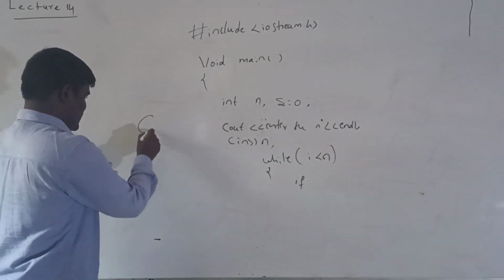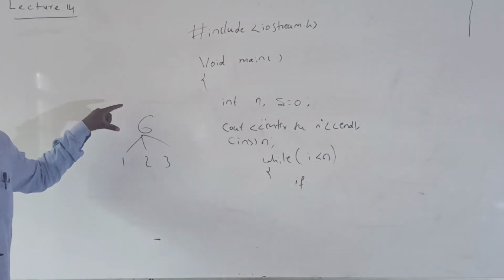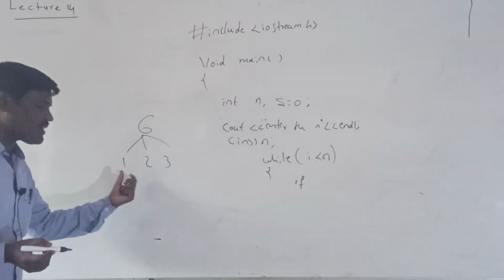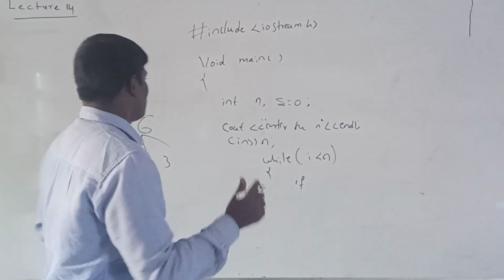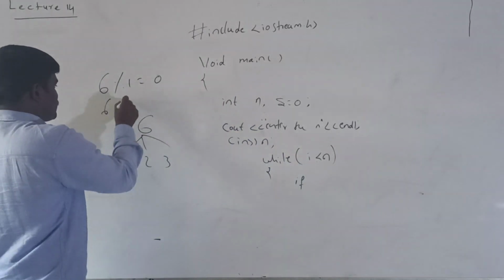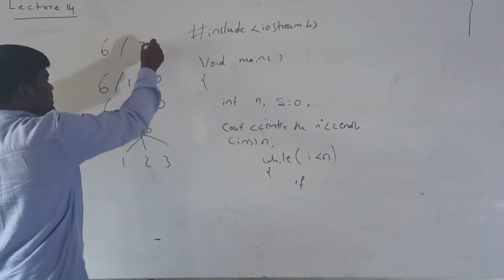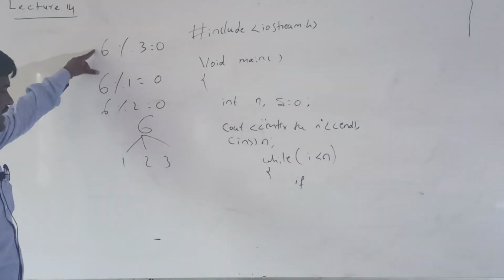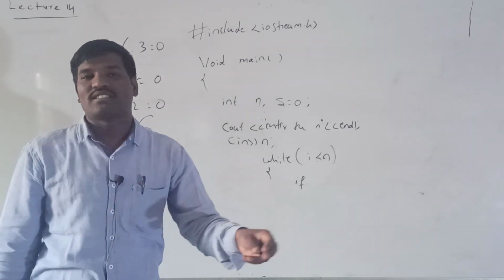see here, 6 factors 1 2 3. The factors of 6 means this 6 is completely divisible by 1 and divisible by 2 and divisible by 3. It means that 6 mod 1 is equal to 0, 6 mod 2 is equal to 0, and in the same way 6 mod 3 is equal to 0. So like this we can divide the number and we will get the remainder value as 0.